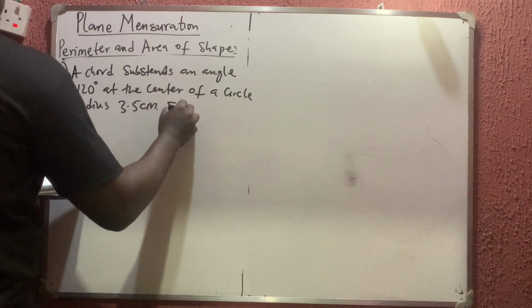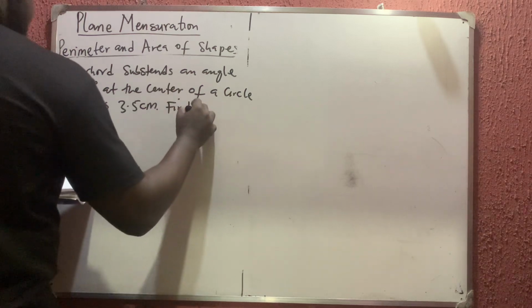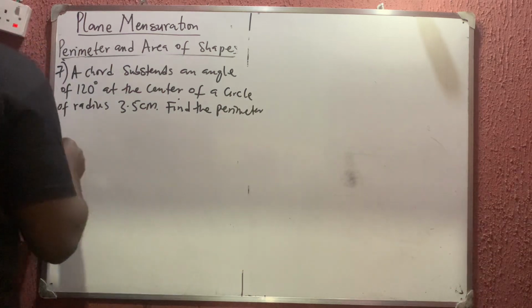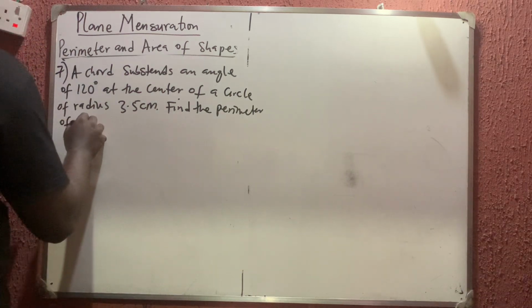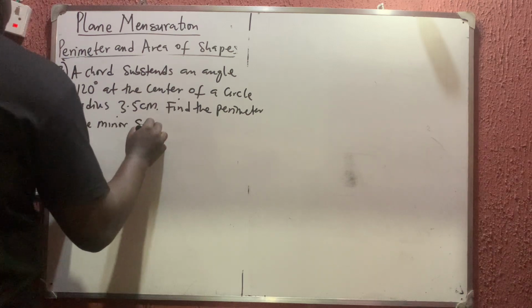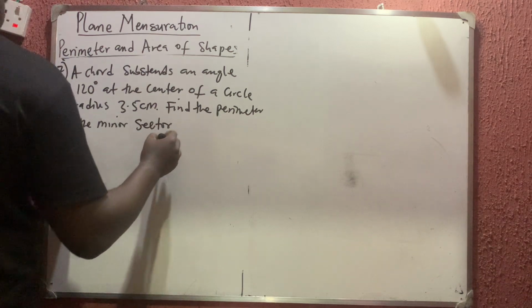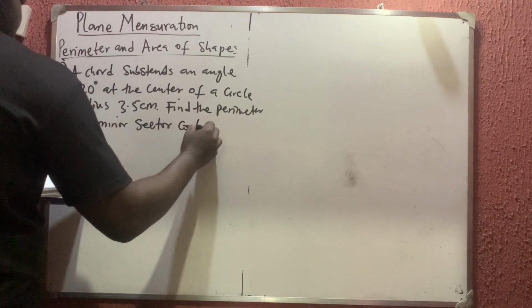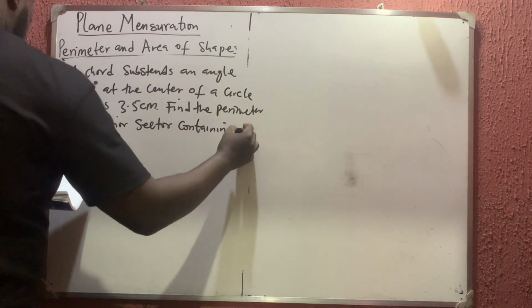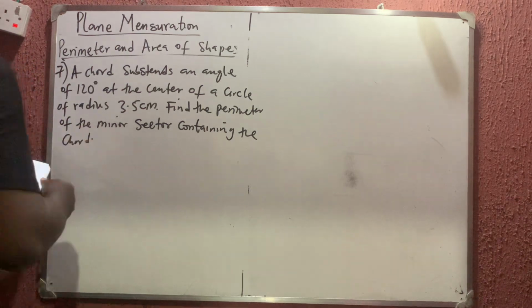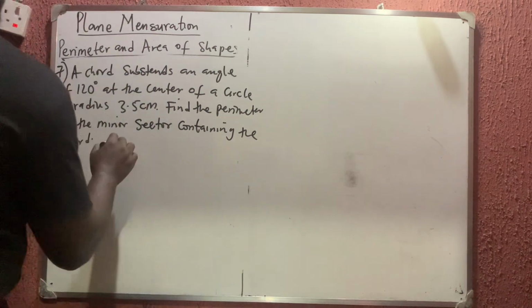Then we should find the perimeter of the minor sector containing the chord. Okay, so this is equally very simple.